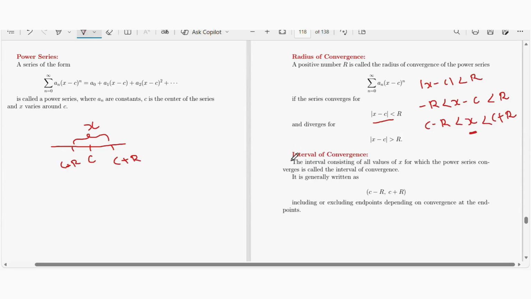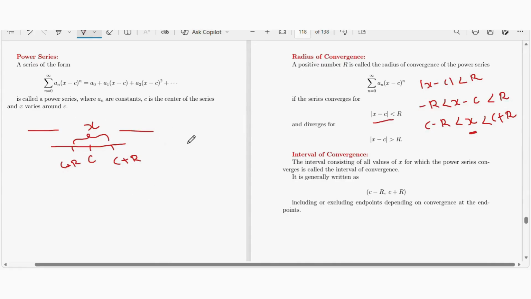That we discuss here. The range of x is what? C minus r to c plus r. Okay. So mod x minus c less than r is what? This is the condition for convergence. Okay. If the series converges for mod x minus c less than r and diverges for mod x minus c greater than r, means in outside region, in this region, the series diverges.